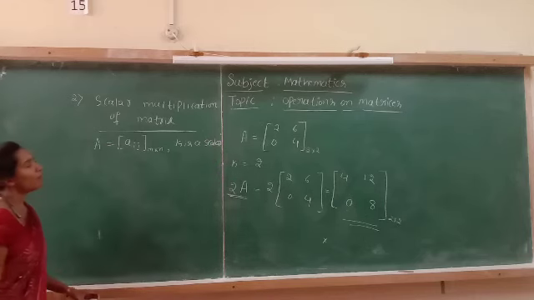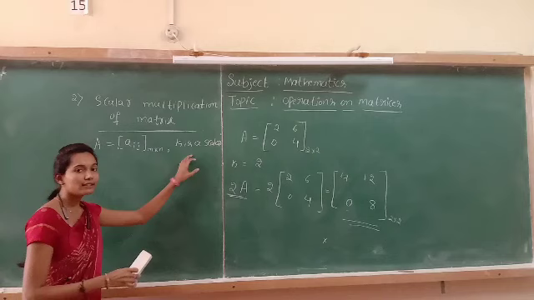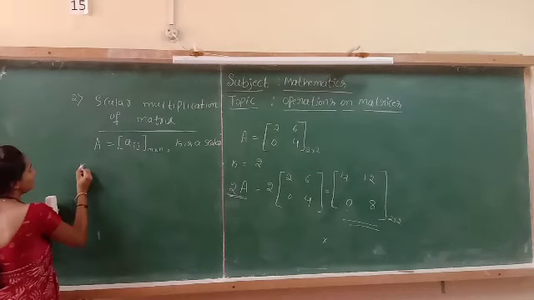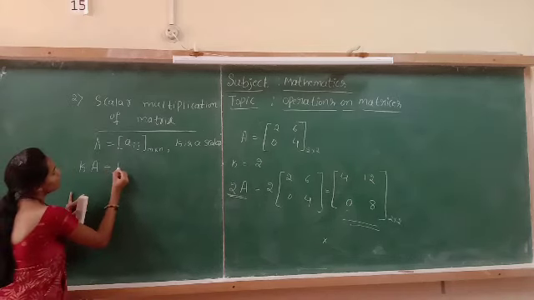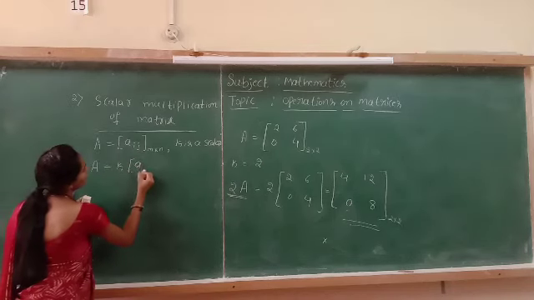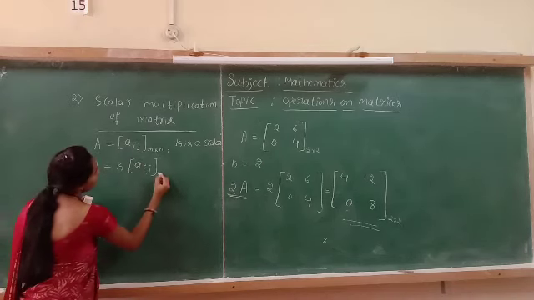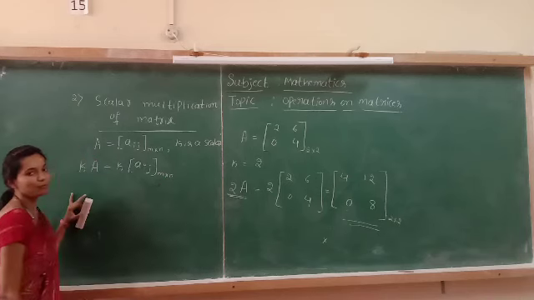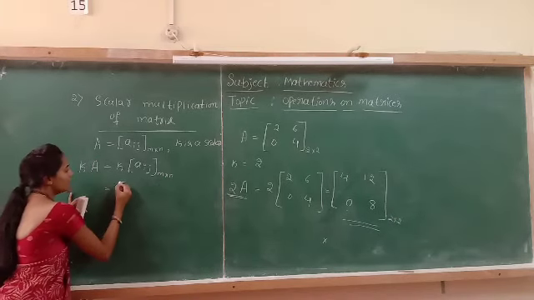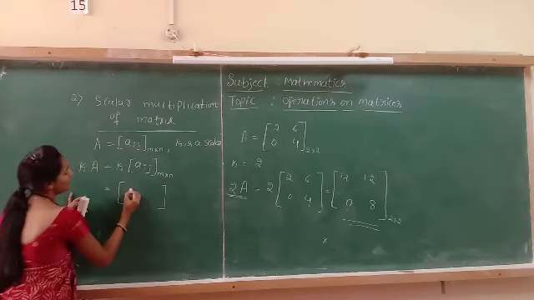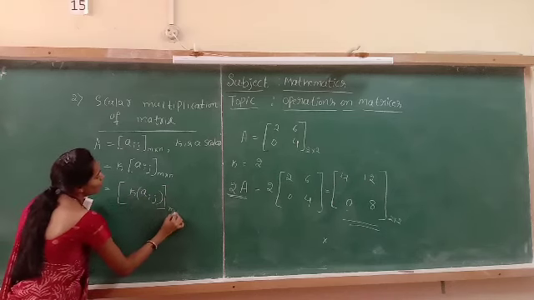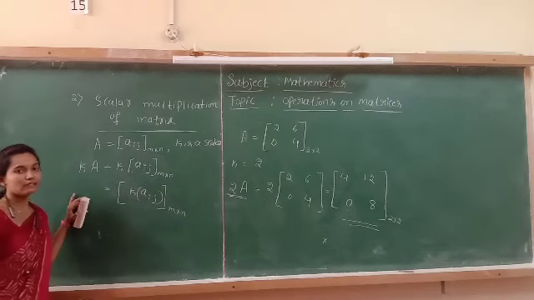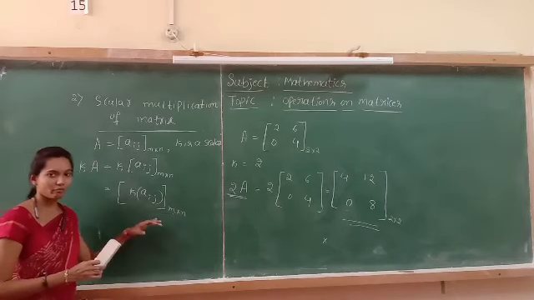Then scalar multiplication of a matrix is defined as k times the matrix A, which is k times the matrix a_ij. It also has the order m cross n. It is nothing but the matrix having the elements k times a_ij, of the order m cross n.